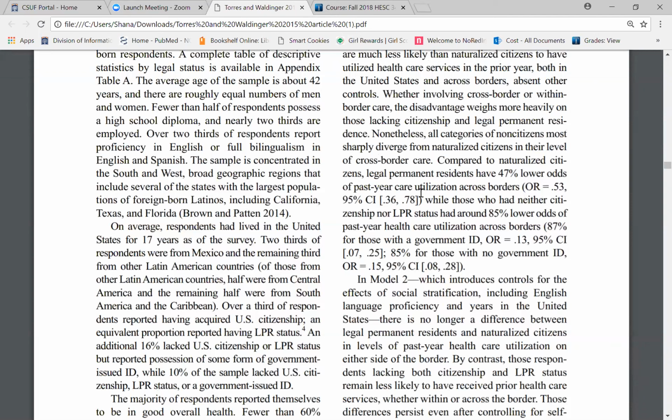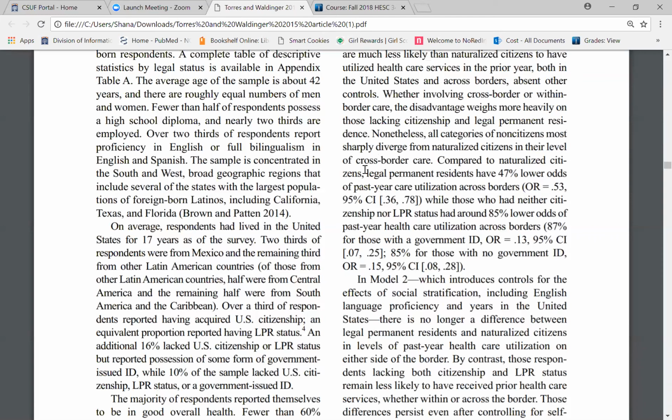That's what a logistic regression is used for, when you have a dependent variable that just says yes or no. And so for legal permanent residents, their odds of healthcare utilization were 0.53 compared to naturalized citizens.